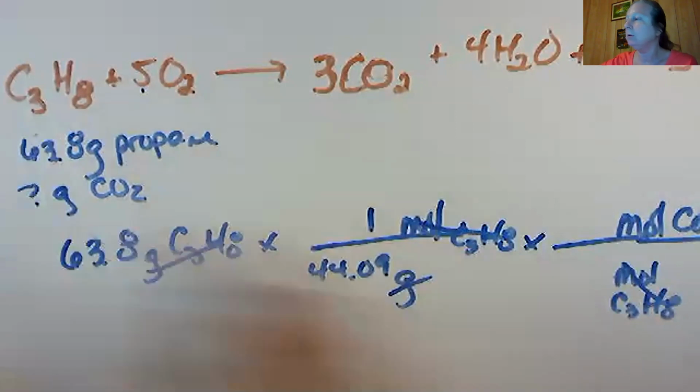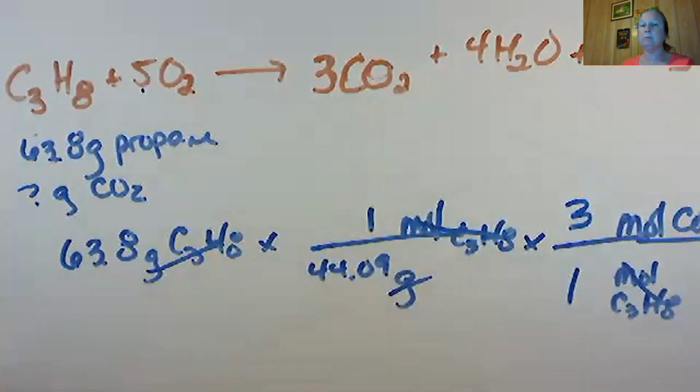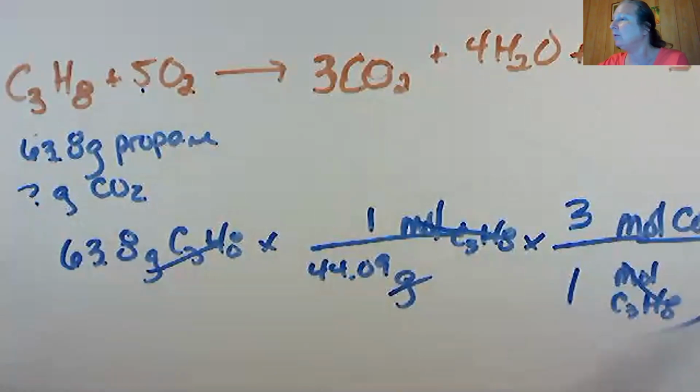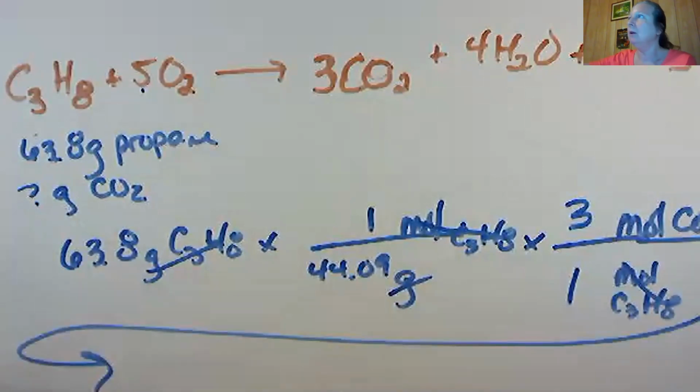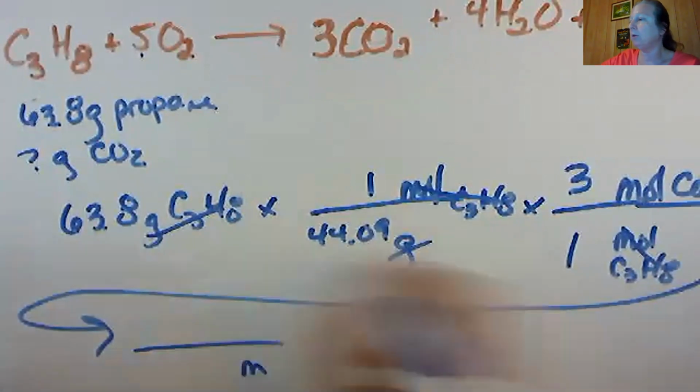I have 1 mole of propane. I have 3 moles of carbon dioxide. Okay, now I'm in carbon dioxide. However, the question asks for grams. So you have to come over here and convert back to grams. You have stepping stones.